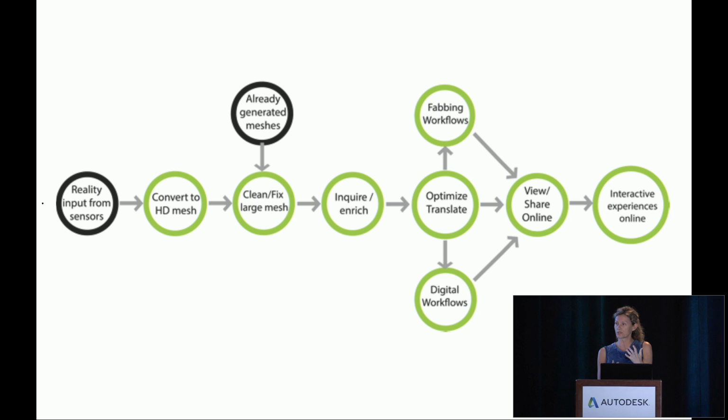Then some other tools to inquire and reach, and then the biggest value of Memento is actually optimizing those meshes for either fabrication workflows, so you can 3D print, CNC, make cardboard replicas, etc., or for digital workflows for VR, AR, game, film, or mobile and web. We also work on a solution to leverage those assets for interactive experiences online that I will talk a little bit about later.